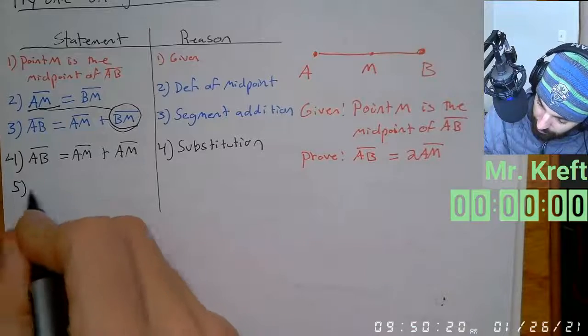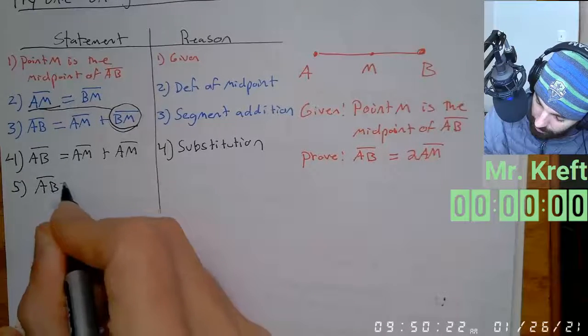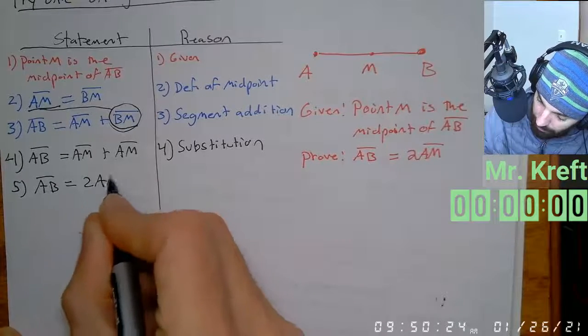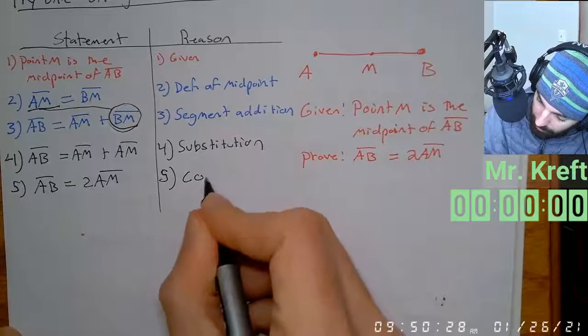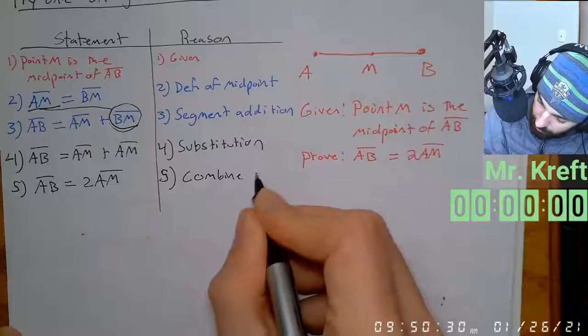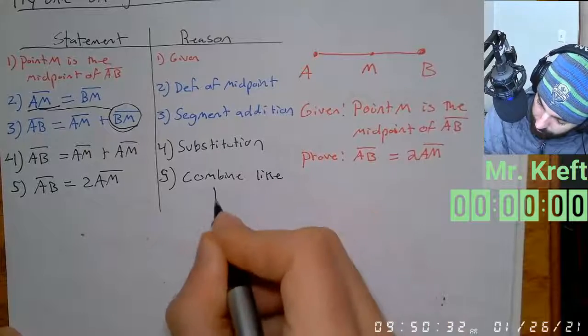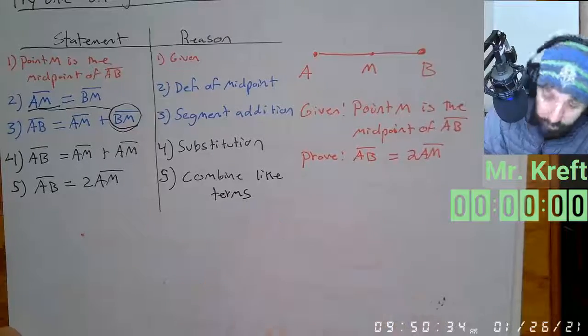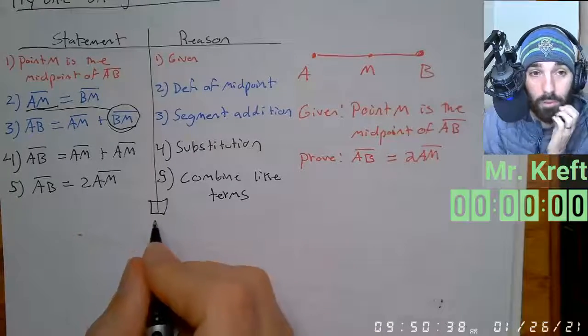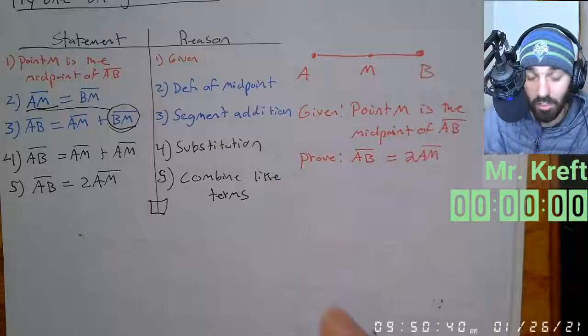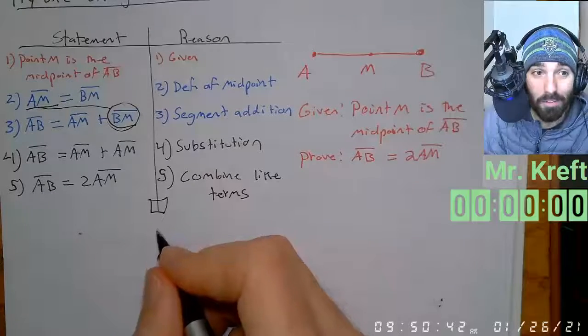So I'm going to have one more step that says segment AB is equal to 2 segment AM. And this is just like the last problem. We're going to combine like terms. Okay, and then I'm done. And this is why the box is so important. If you have multiple two-column charts, you want to put the box when you're done.